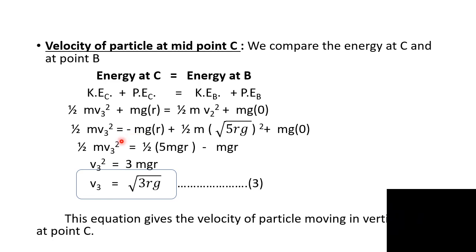This negative sign is due to this term being shifted from the left hand side to the right hand side. Then half mv3 square equal to 1 by 2 into 5 mgr minus this mgr. So we get v3 square equal to 3 rg, or v3 equal to square root of 3 rg. This equation gives the velocity of the particle moving in the vertical circle at midpoint C.